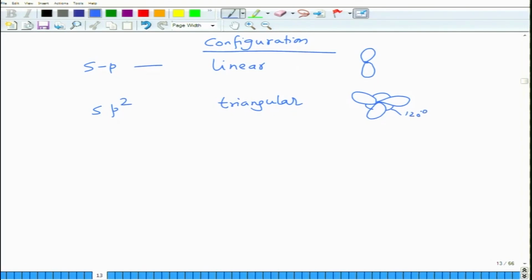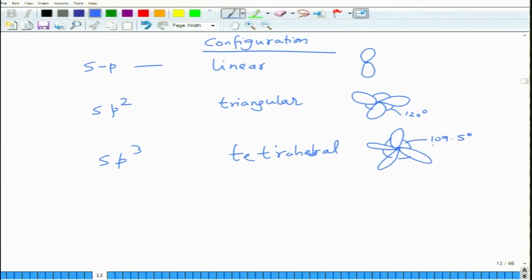For example, in graphite. And if you have tetrahedral, then it is sp3. So, that I showed you. You have one lobe here, another lobe here, another lobe here, another lobe here, and these angles would be close to 109.5 degrees. And there are some others as well. For example, you can have sp3d and sp3d2, which I am not going to get into. They are more complicated to draw.